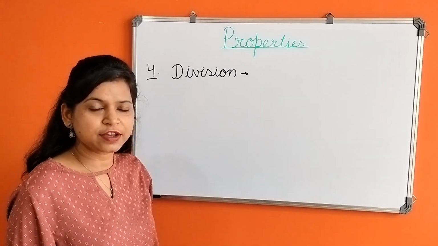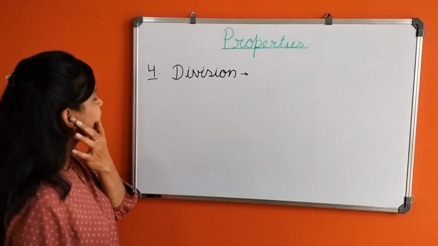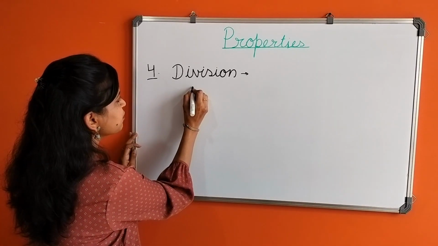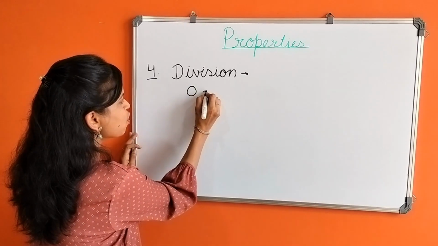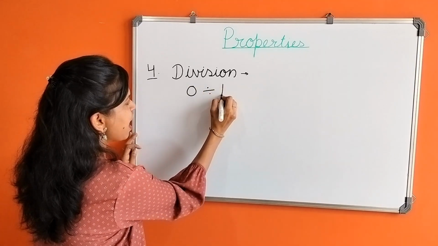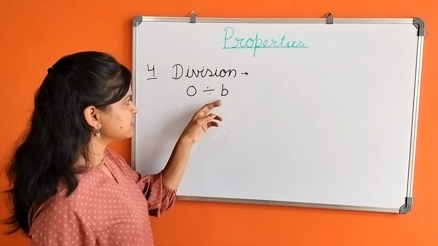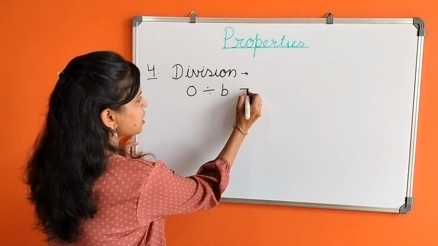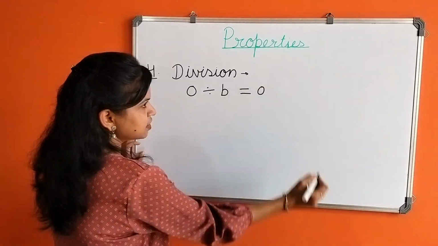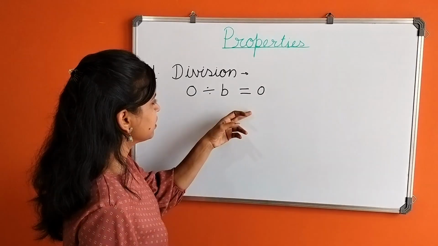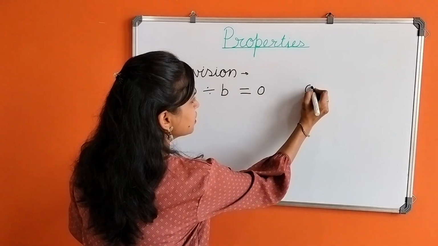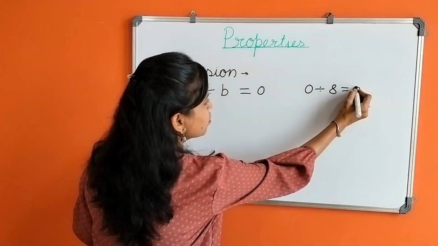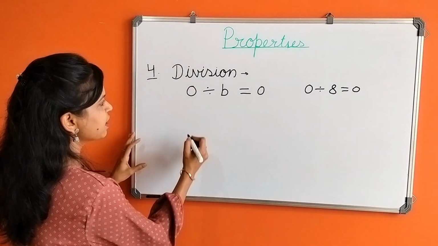Next property is for division. Whenever we divide 0 by any integer b, the answer will be 0. Example, 0 divided by 8 is equal to 0.